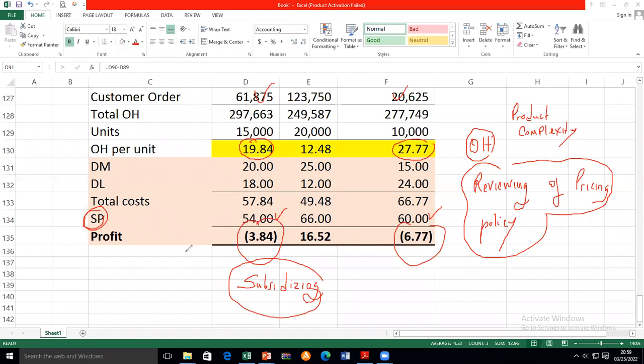And this is the whole essence of activity-based costing. It's there to help organizations improve their performance.